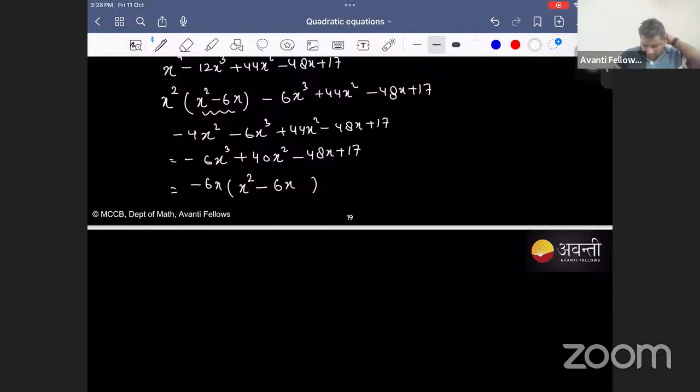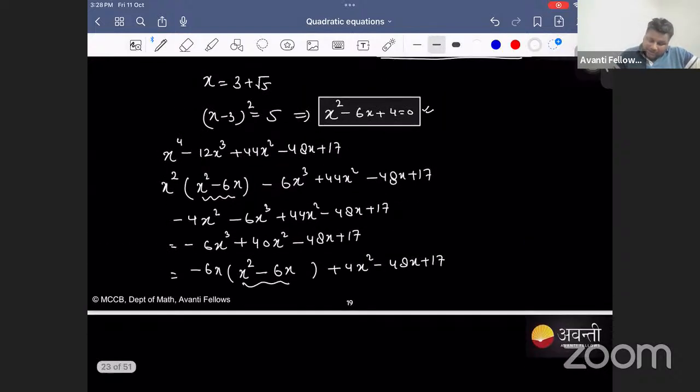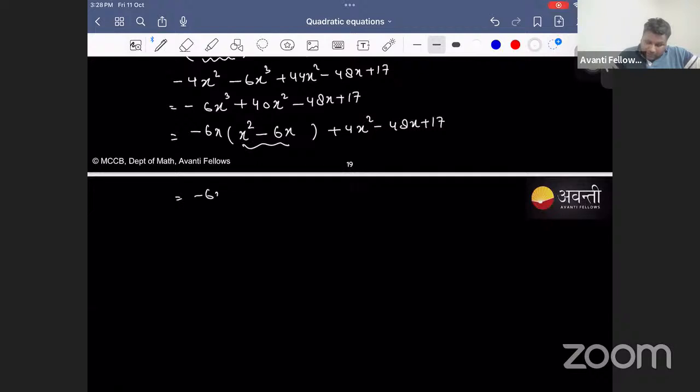Minus 6x cube and 4x square minus 48x plus 17. Now again x square minus 6x is minus 4. So minus 6x into minus 4 plus 4x square minus 48x plus 17. Got it? It became minus 24.